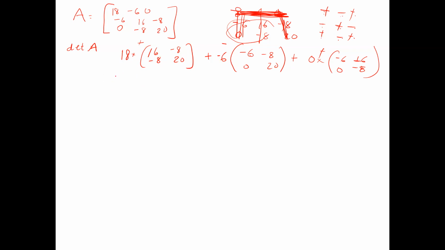So let's do it this way then. 18 times 16, now I can do this crisscross. 16 times 20, minus 8 times minus 8, which is 64. So this times this minus 64. I can write it like this: 16 times 20, create a small bracket, minus 8 times minus 8, then I close the bracket for this one, then plus, because minus minus is plus.